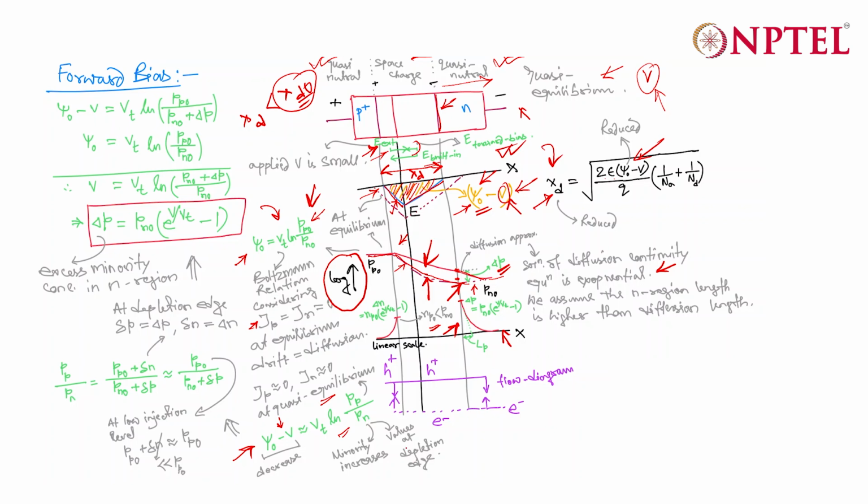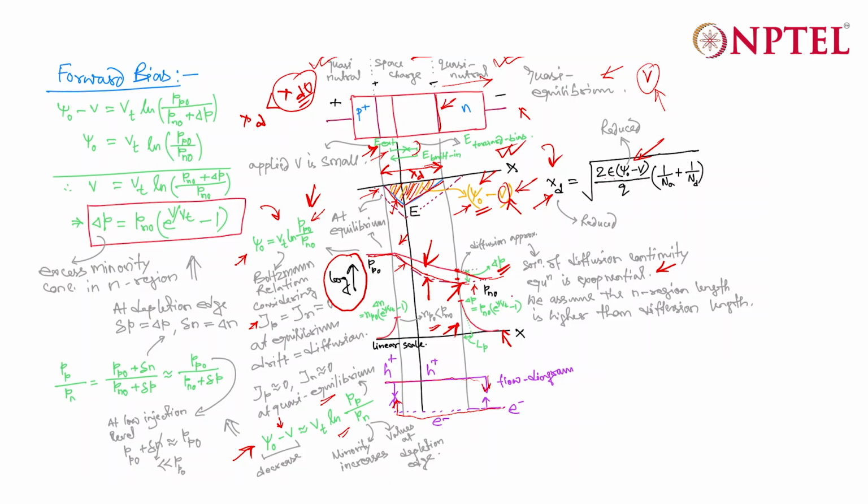And if you look at the flow diagram, you will find that the electrons that are coming from the right side, that is from the N side, will directly go to the P side and will recombine with the excess carriers, right? Similarly, the holes that are coming from the P side will directly go to the N side and also will recombine with some of the excess carriers.